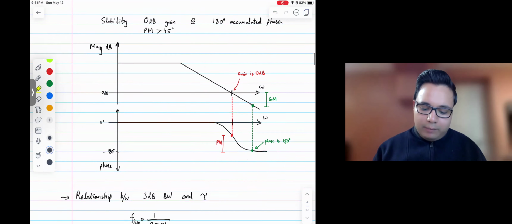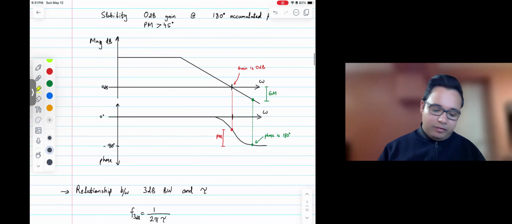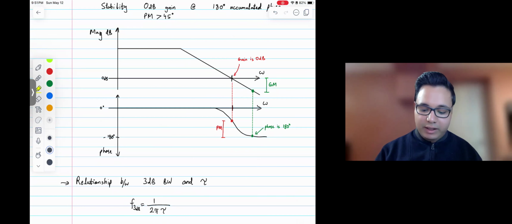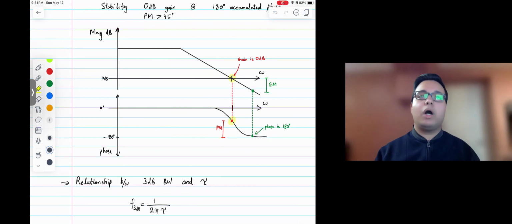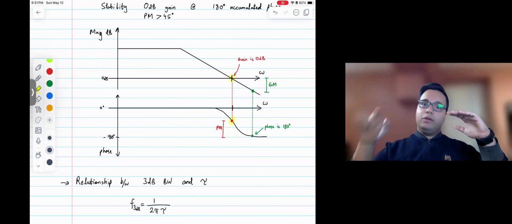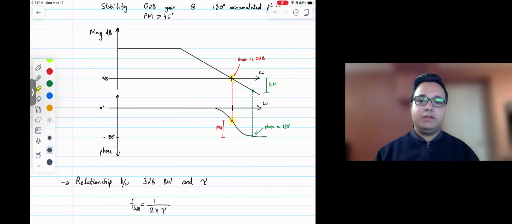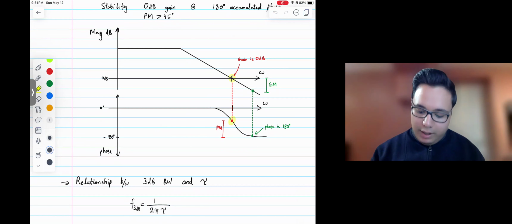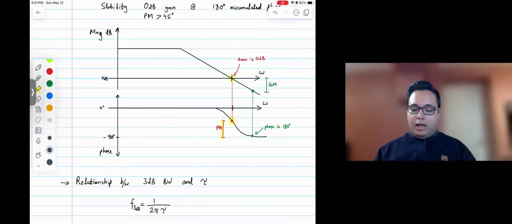All right, so let's look at the gain margin and the phase margin. Phase margin is basically whenever the gain is 0 dB, you look at the phase and see how far away you are from a point where in the loop you would have 360 degrees of phase shift. And depending on the number of degrees that you're far away, that's your phase margin. Similar idea for gain margin.